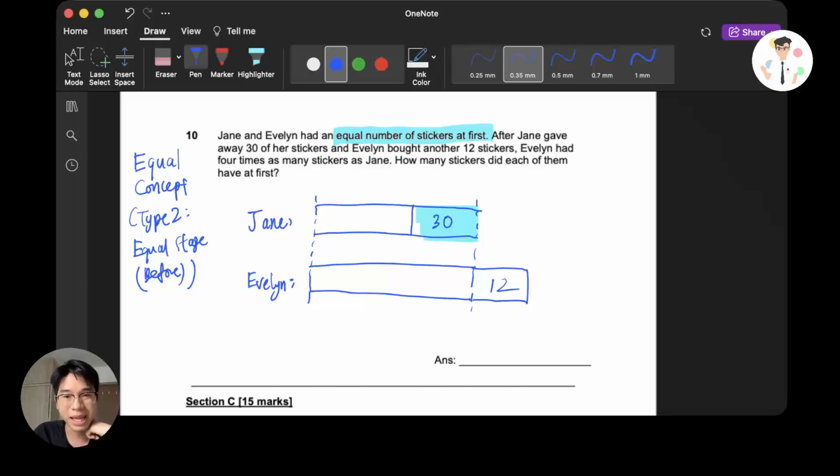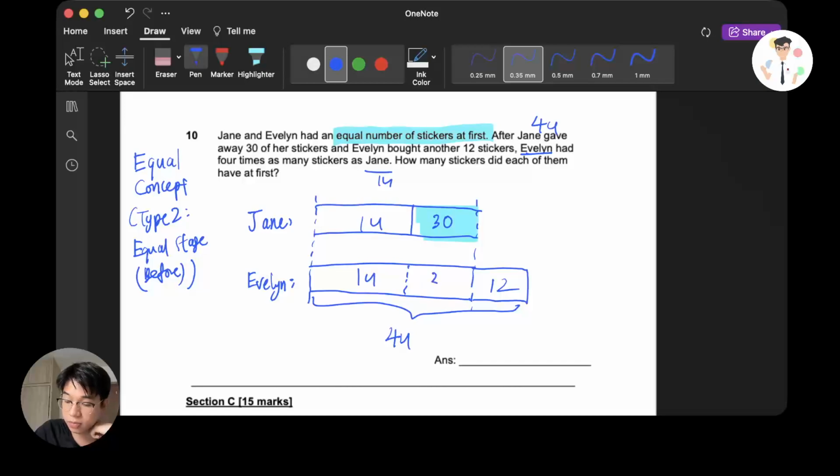Now the question says Evelyn had 4 times as many stickers as Jane. So Evelyn now has 4 times, so what I have now is 4 units. And Jane will be how many units? If Evelyn has 4, Jane has 1. So this is 1 unit. Of course, if here is 1 unit, then here will be 1 unit.